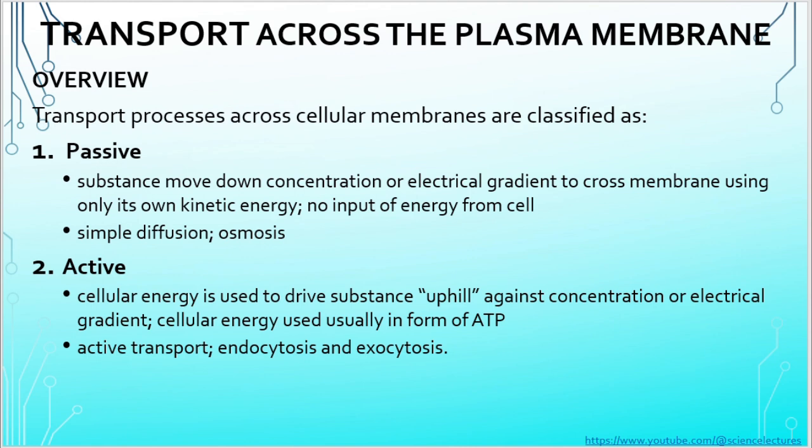In active processes, cellular energy is used to drive the substance uphill against its concentration or electrical gradient. The cellular energy used is usually in the form of ATP. An example of an active process is active transport.